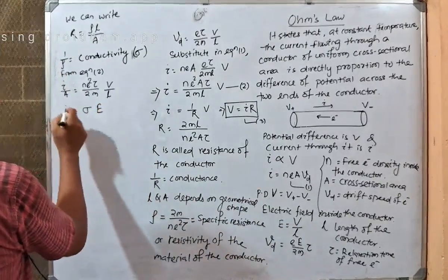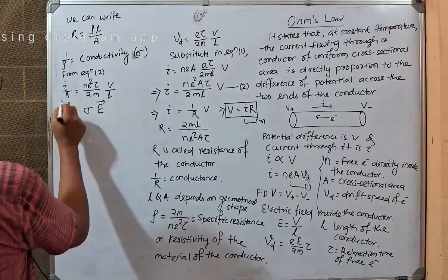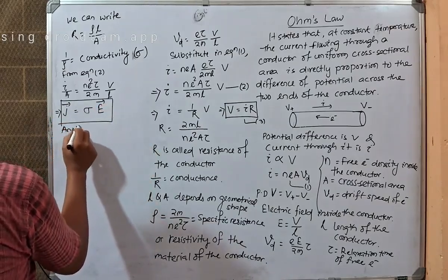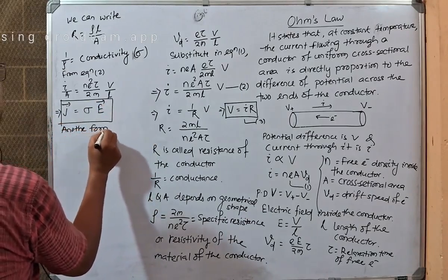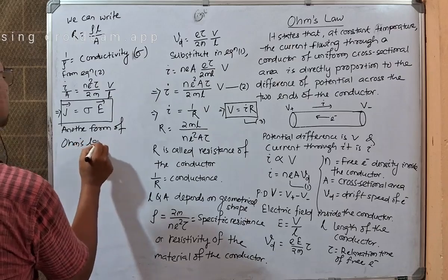Current density is also a vector quantity, and E is also a vector quantity. So we can write J equals sigma E. This is another form of Ohm's law.